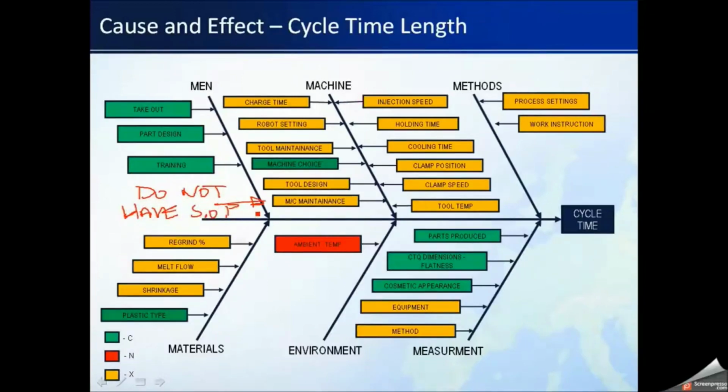So there is no standard machine maintenance, tooling maintenance, robot setting, etc. No standard way of dealing with the regrind, etc. So that's the current state. Everything that's in green currently, that's under control. And if you let those variables play into the process, here's the current performance.